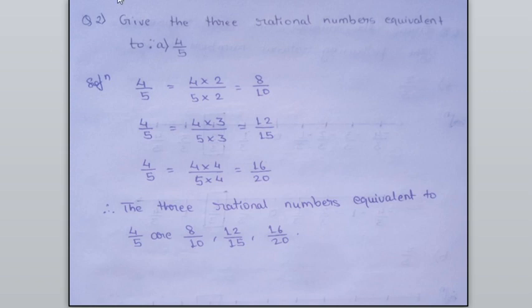Then question number 2. In question number 2, give 3 rational numbers equivalent to 4 by 5. So here we have to write out the 3 equivalent rational numbers. Earlier also I explained to you how to get equivalent rational numbers to the given rational number.